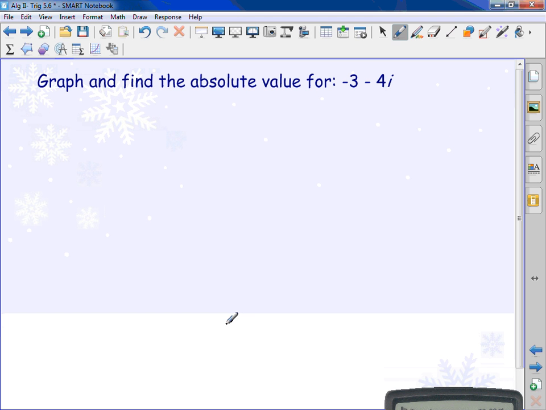Find the absolute value for negative 3 minus 4i. To find the absolute value, all I do is take the square of the first one plus the square of the second one. 3 squared is 9, 4 squared is 16.